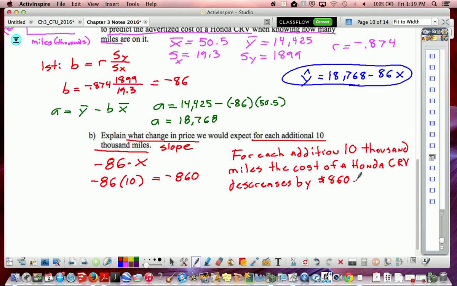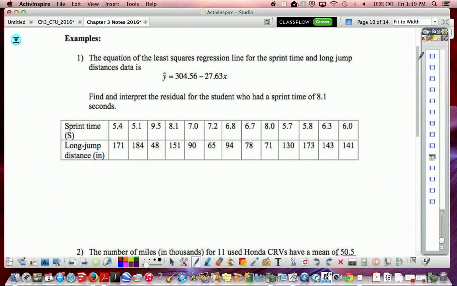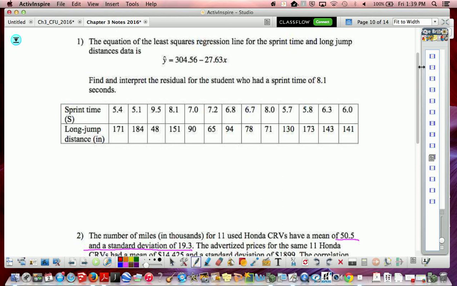Let's go back to number 1 and just practice finding and interpreting a residual. So, number 1 says the equation of the least squares regression line for sprint time and long jump distance data is given to you right there. So we actually just give you the equation. It says find and interpret the residual for a student who has a sprint time of 8.1 seconds. Okay?